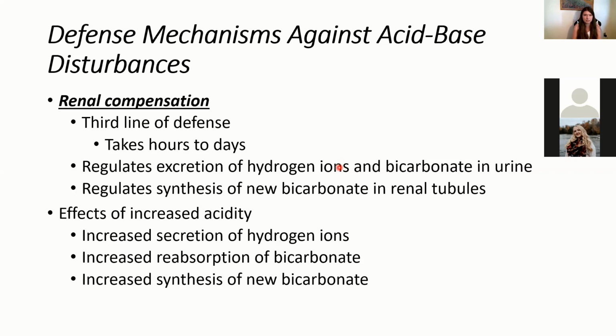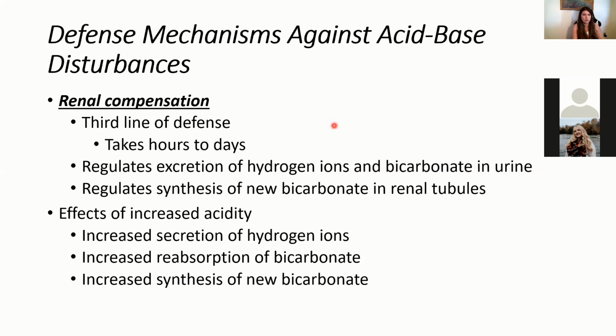But our kidneys can really long-term change pH by changing what's happening at their apical and basolateral membranes. That should not come as a surprise at this point in the unit. So our kidneys are able to regulate hydrogen ions and bicarbonate.